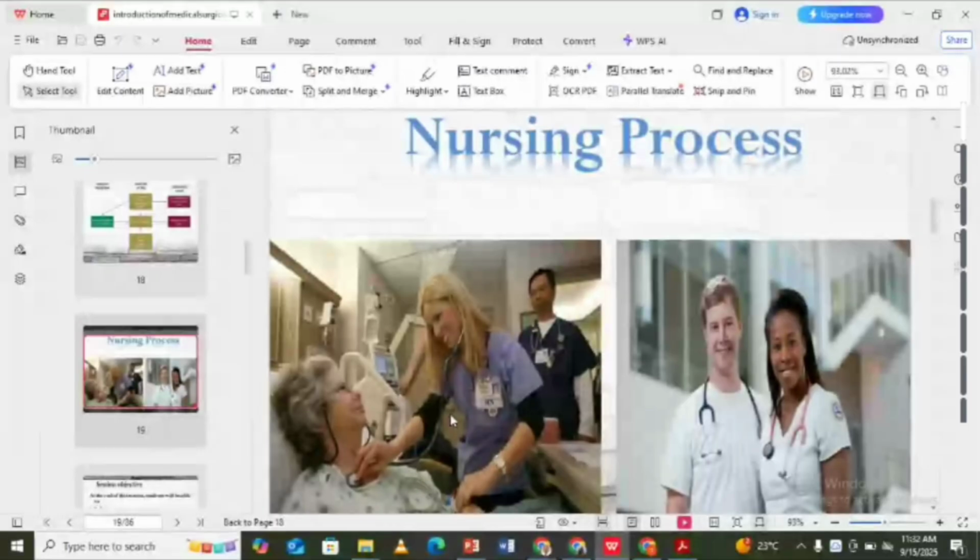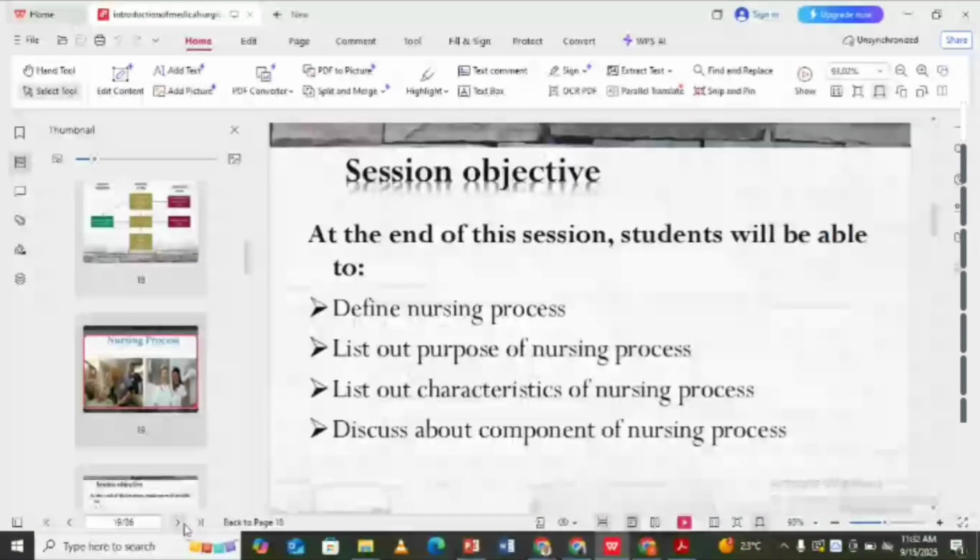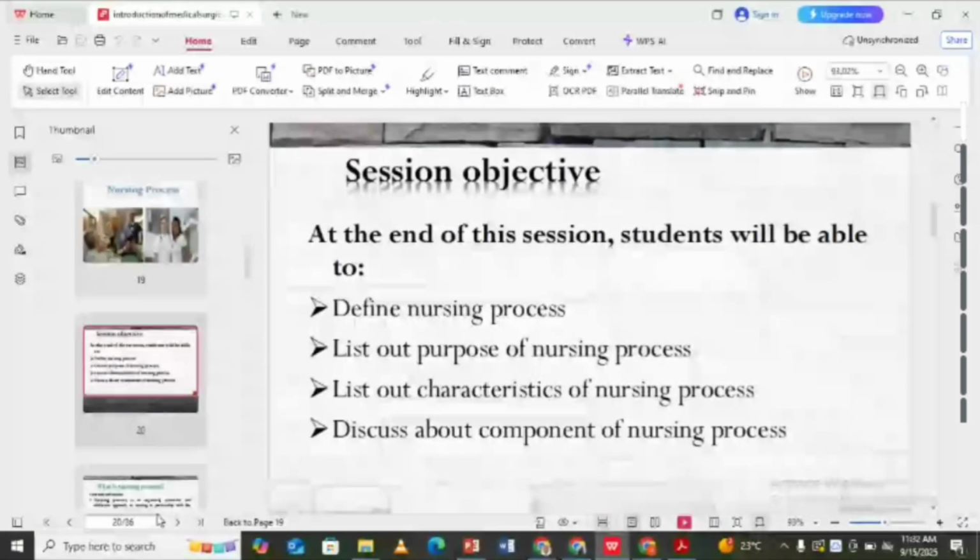Can proceed to nursing process, which again, I'm aware you guys have done nursing process. We look at the nursing process, the purpose, characteristics, and the components of nursing process, which we are all aware of. What is the nursing process? Somebody to tell us what nursing process is.